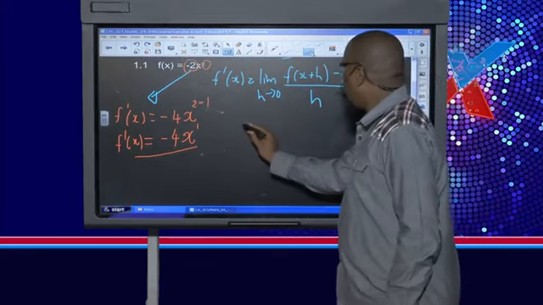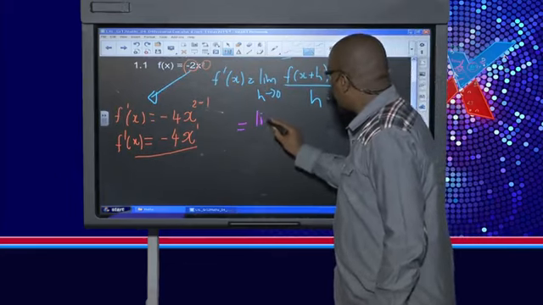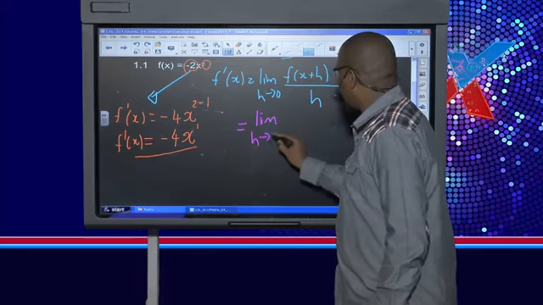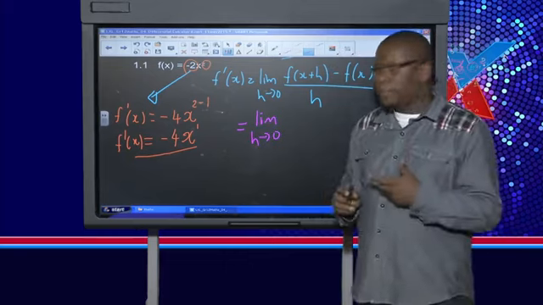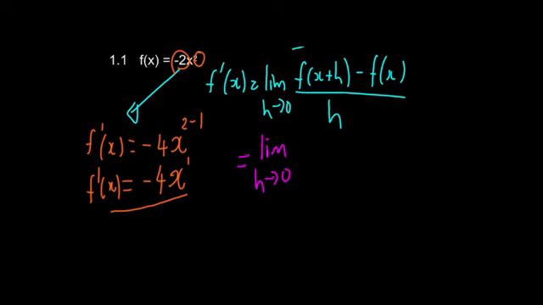Okay, so we have the limit as h approaches 0 of f of x plus h. Now, this is f of x. When we're talking of f of x plus h, where I see x, I'm going to sub in x plus h. So we have minus 2 bracket.